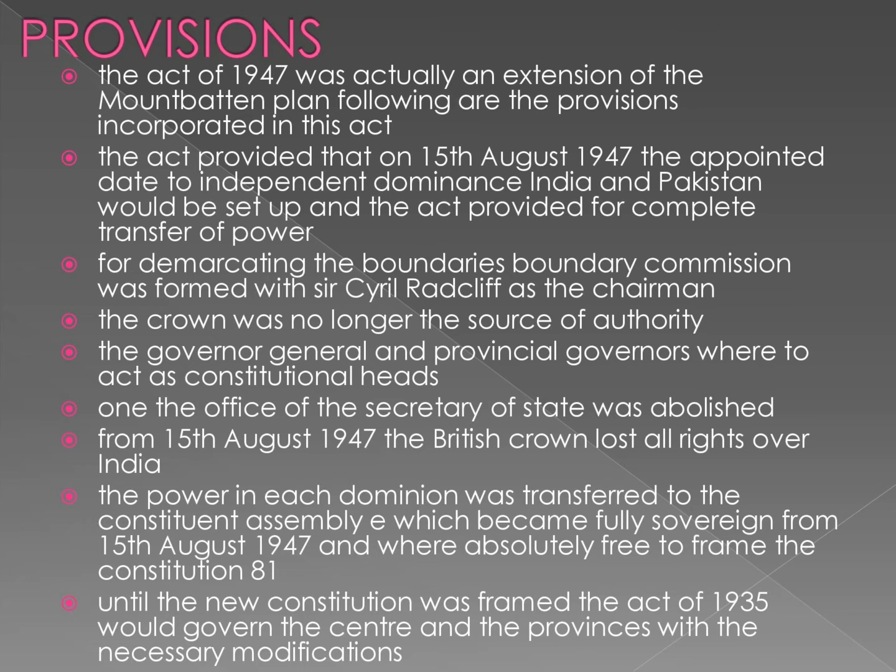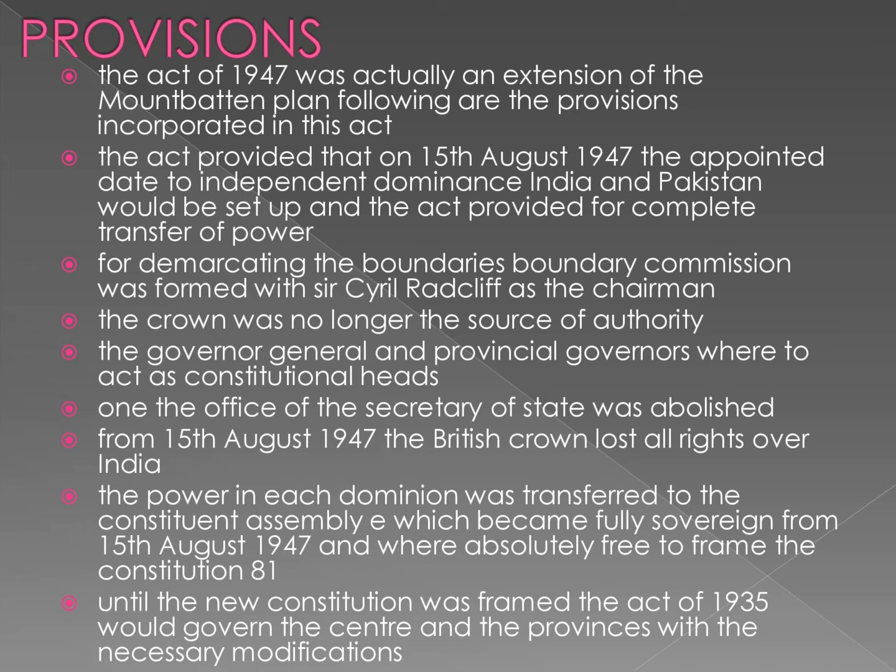The power in each dominion was transferred to the Constituent Assembly, which became fully sovereign from 15th August 1947 and was absolutely free to frame the constitution. Afterwards, India got complete sovereign power to frame the constitution. The Constituent Assembly had a dual role, constituent and legislative, and functioned as the central legislature till new legislatures were formed.